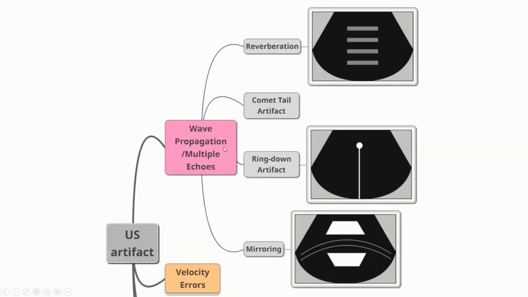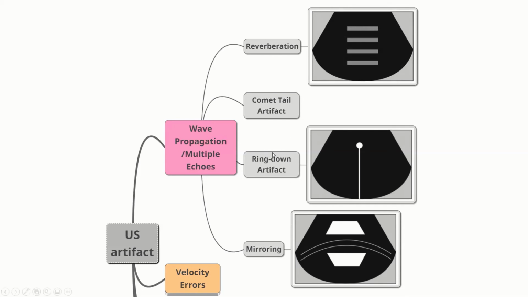The first one, wave propagation or multiple echoes. This includes reverberation, like A lines, multiple evenly spaced high echoic lines, and two similar artifacts, comet-tail artifact and ring-down artifact. Comet-tail artifact is usually made by hard structures like bone, calcium, or foreign bodies.